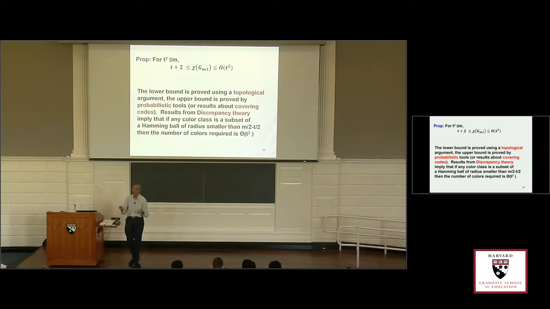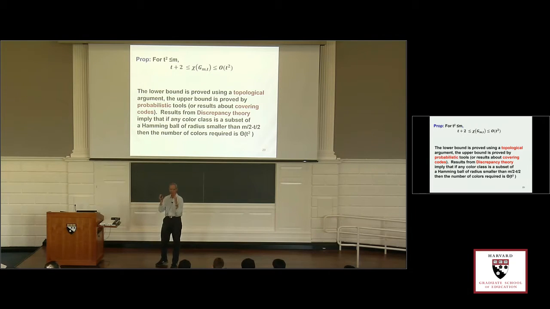The lower bound uses some topological argument, so it is based on the Borsuk-Ulam theorem. Basically, it is repeating the proof of Josh Greene, which is a variant of a proof of Bárány, which is a variant of a proof of Lovász that Kneser graphs have high chromatic number.